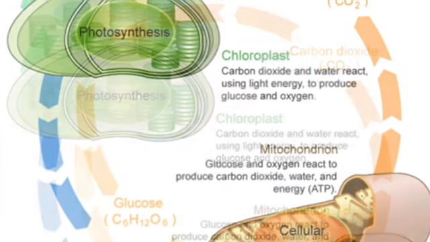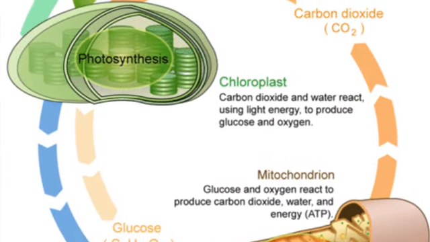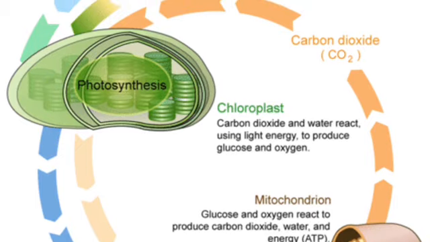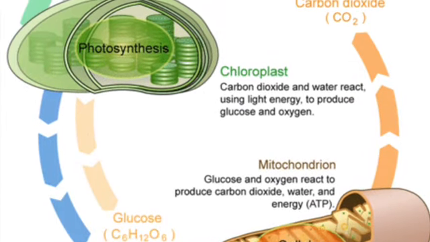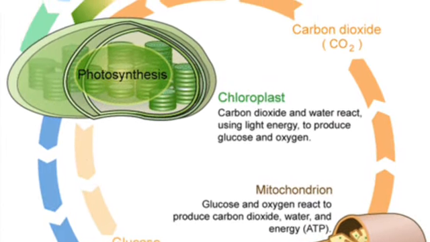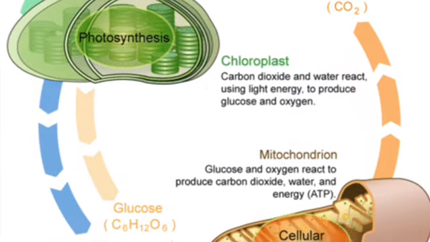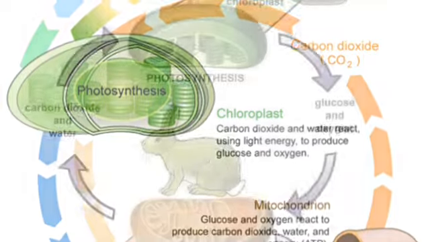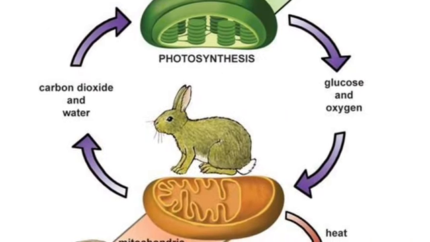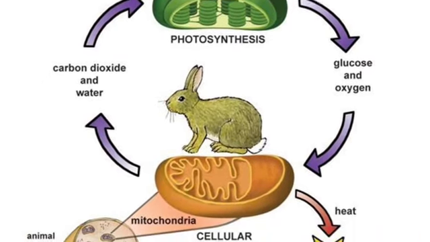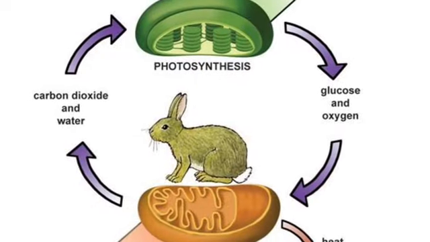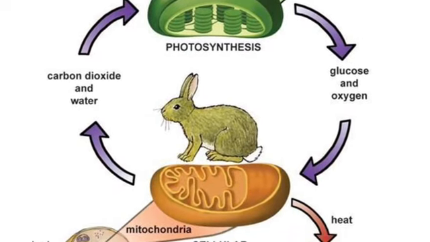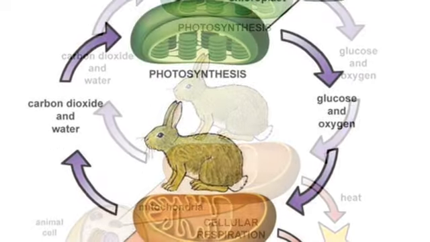So while animal cells only go through cellular respiration, plants go through both photosynthesis and cellular respiration. So when you talk about cellular respiration, you need to know that plants go through both cellular respiration and photosynthesis, while animal cells go through cellular respiration only.